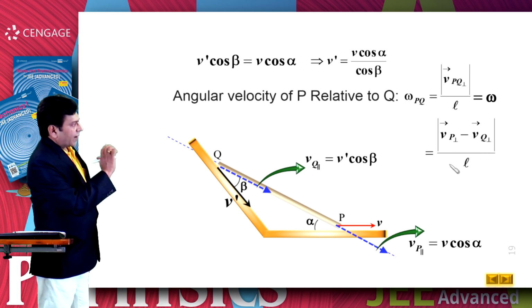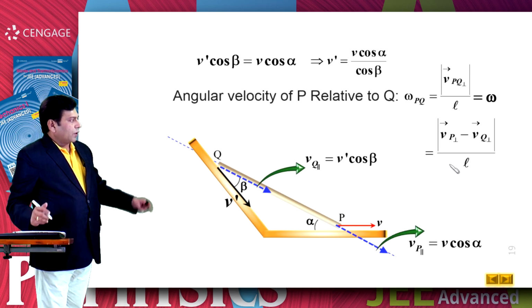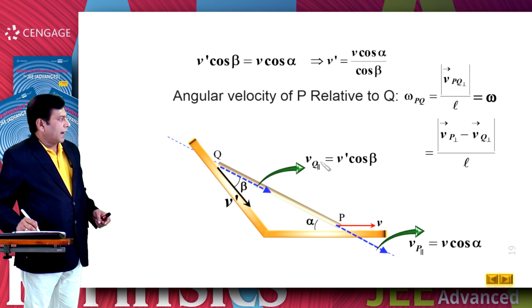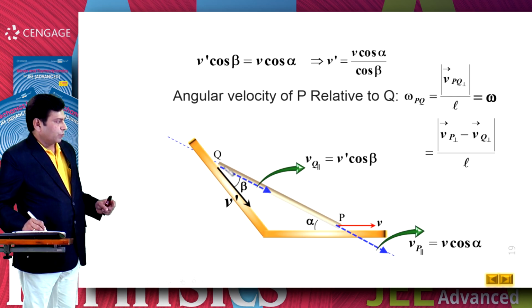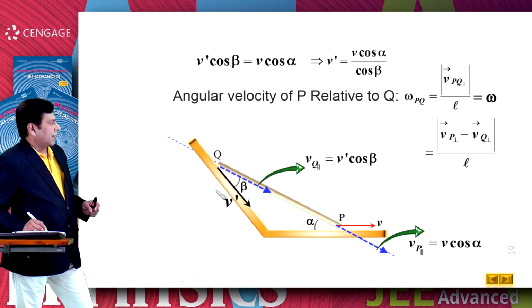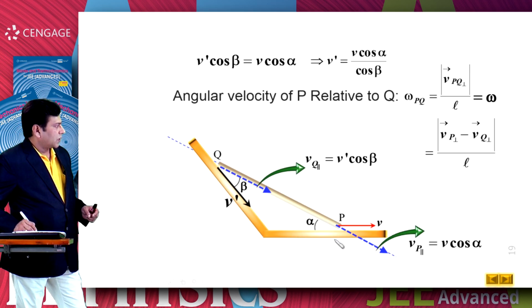Now we need to find the perpendicular component of P and Q, that is perpendicular to the line joining PQ. So let us find the components. This is the component of velocity of P perpendicular to the rod, and you know this angle is alpha.